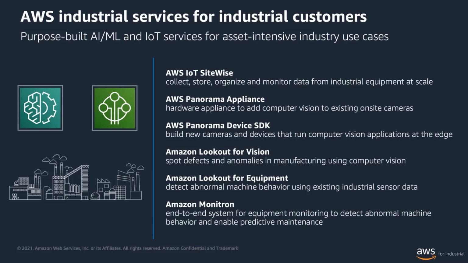Another product that we launched was the AWS Panorama Appliance. And this is a way for us to add computer vision to the existing cameras that you may have. So what we've done is built a hardware device, which has the GPU and CPU and storage capability as a managed service for you. As you probably know, nowadays it's so hard to get the right CPUs and GPUs and then scale that and understand which one is right.